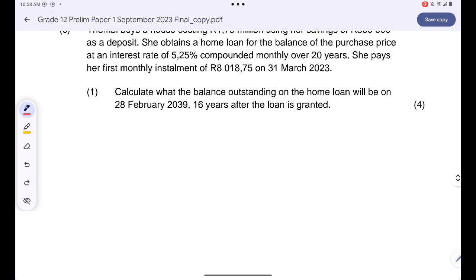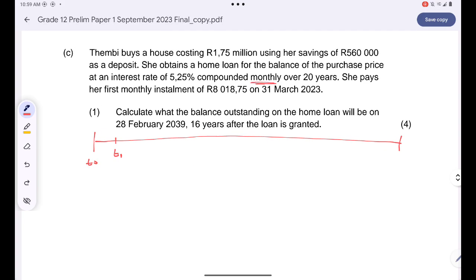Firstly, guys, just to make it make sense, draw your timeline. This is T0, and this will be your first payment, T1. Since Tembi will be paying this over a period of 20 years, the interest is compounded monthly. That means these are monthly payments.